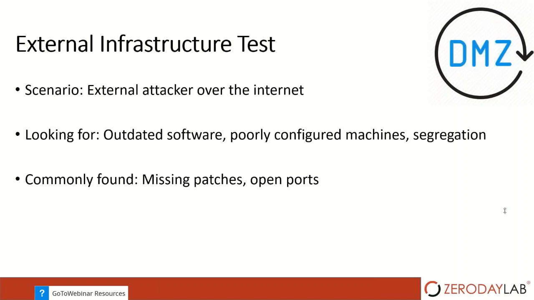The next one we perform are external infrastructure tests. External infrastructure tests are assessments where we attempt to get into your network or into your cloud infrastructure or into your business from the perspective of an attacker over the internet.